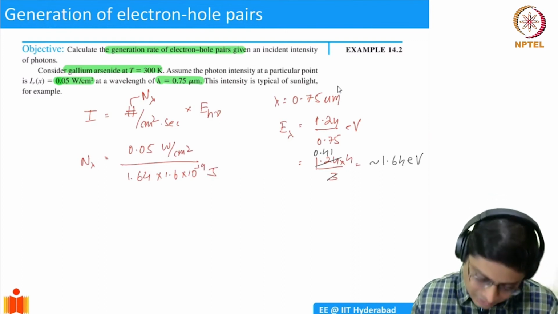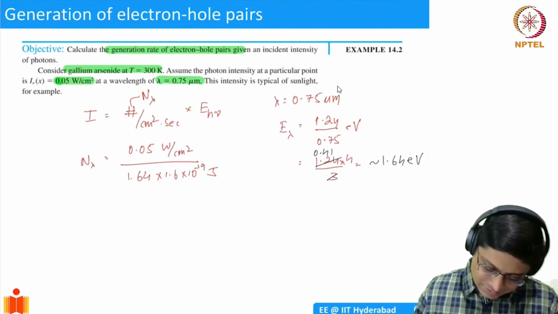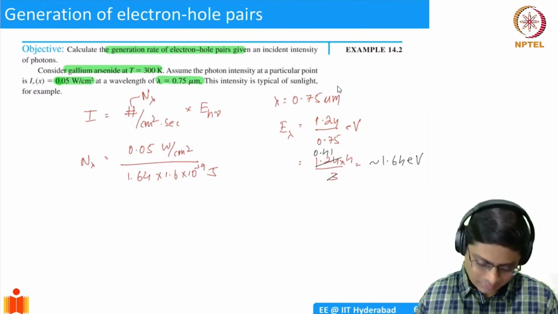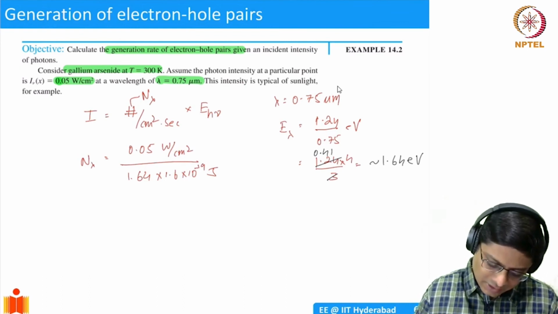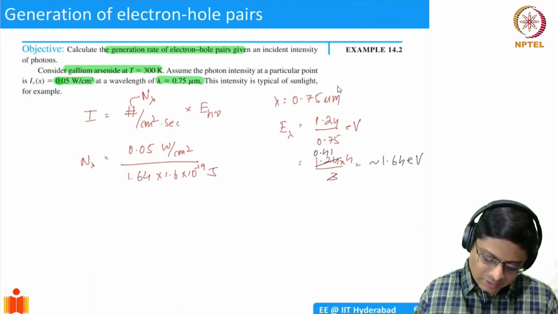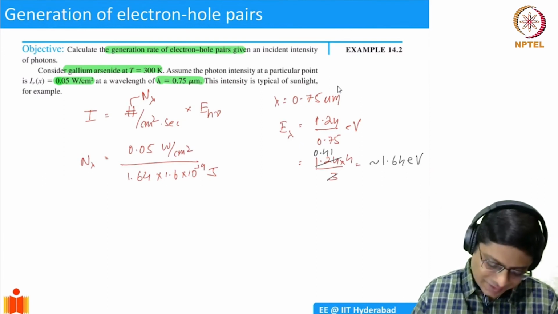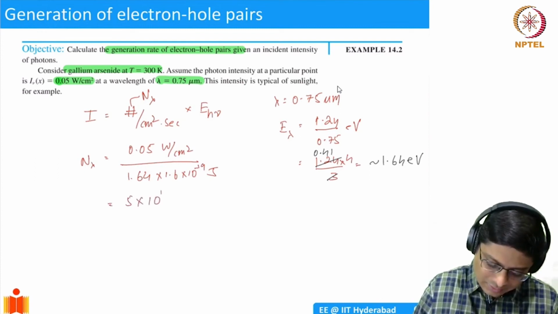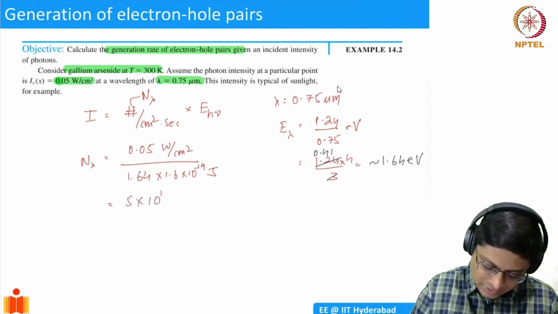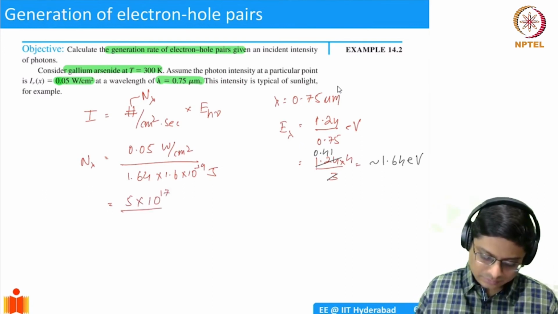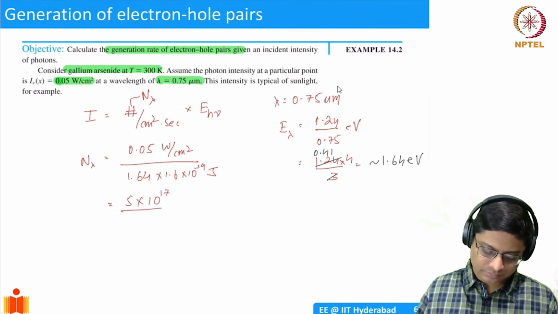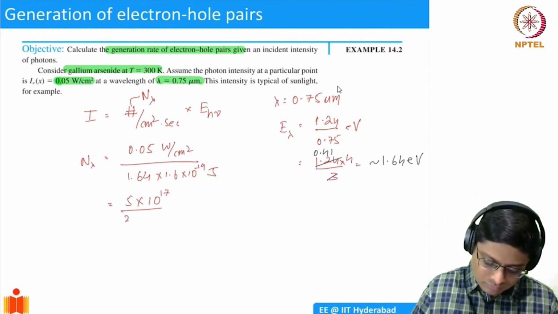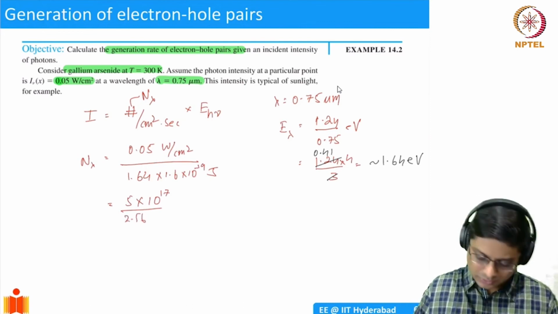So if you calculate this, I guess it will turn out to be some number in 10 power 15 to 10 power 17. Because this is 10 power minus 19, it will go up. So let's approximate it, 10 power 19. So this will be 5 into 10 power 17 divided by 1.6 into 1.6, 2.56.